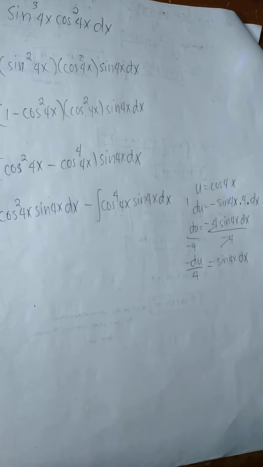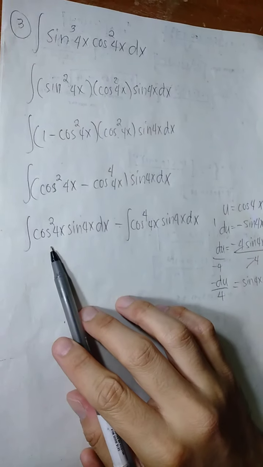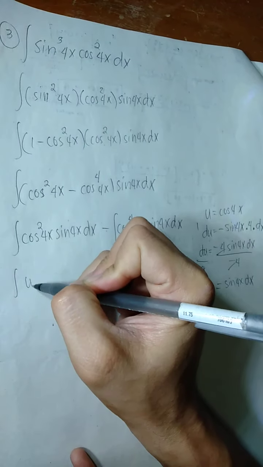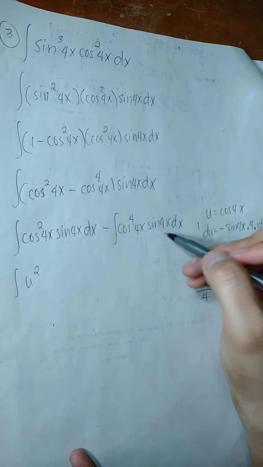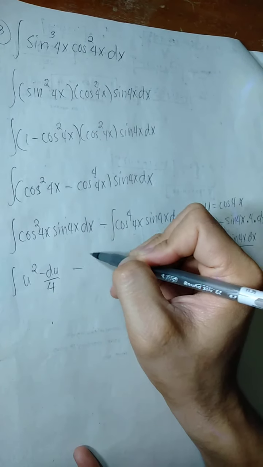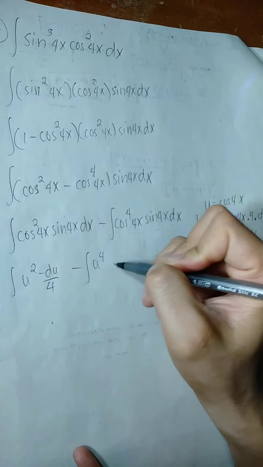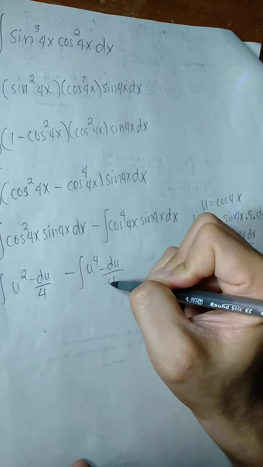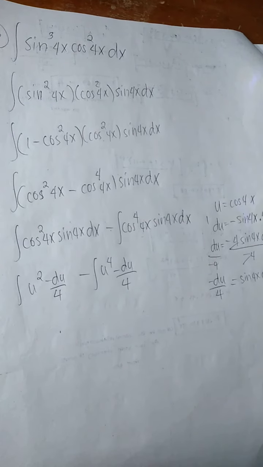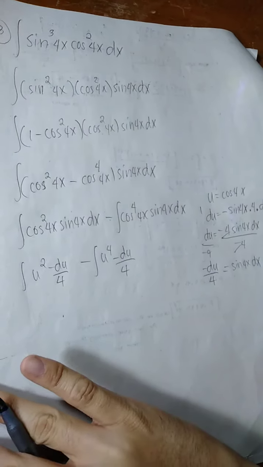So you can replace that. Replacing cosine 4x by u, we get the integral of u squared, with sine 4x dx replaced by negative du over 4, minus the integral of u to the fourth, negative du over 4. Then we can take out the constant, which is negative 1/4.